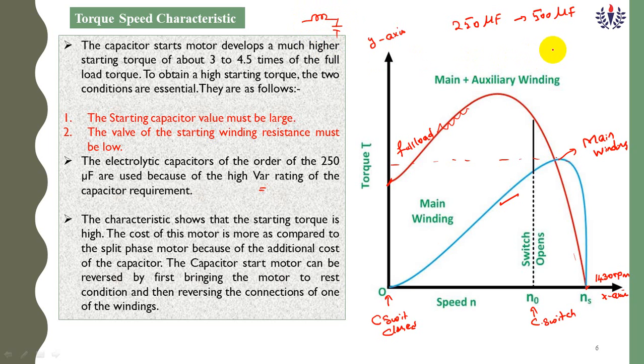This is my inductor and capacitor, both in parallel, and here one more inductor is there for the starting winding. Since all these parameters are available, we will get the volt ampere reactive, which is apparent power.